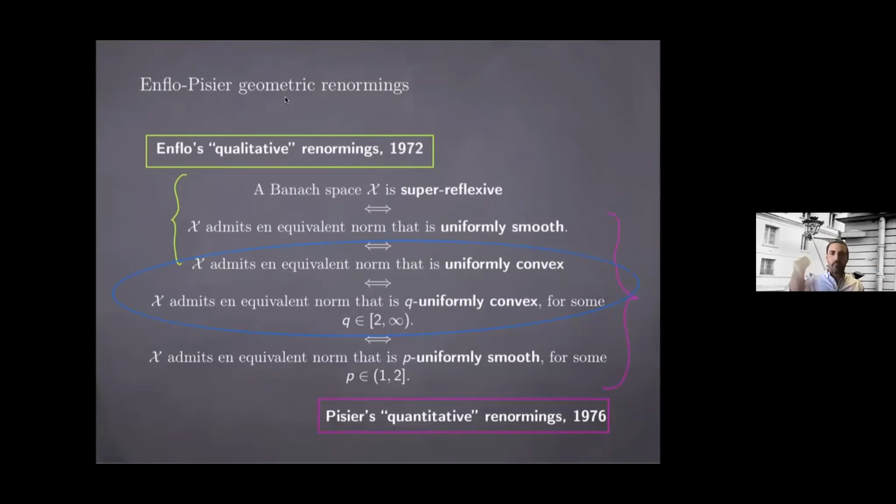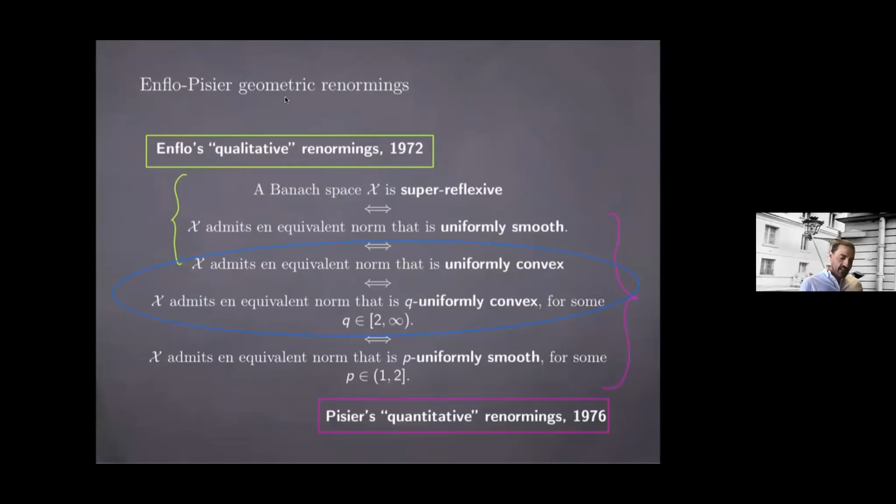You need a geometric reformulation of superreflexivity. This was known since the 70s due to the work of Enflo and later Pisier. Enflo told us that superreflexive Banach spaces are Banach spaces that admit an equivalent norm that is uniformly convex, and by duality, uniformly smooth.